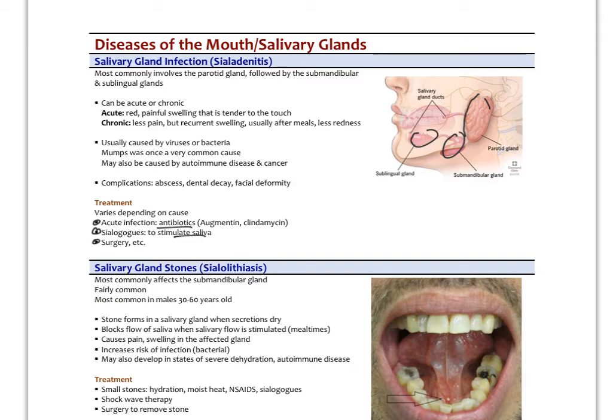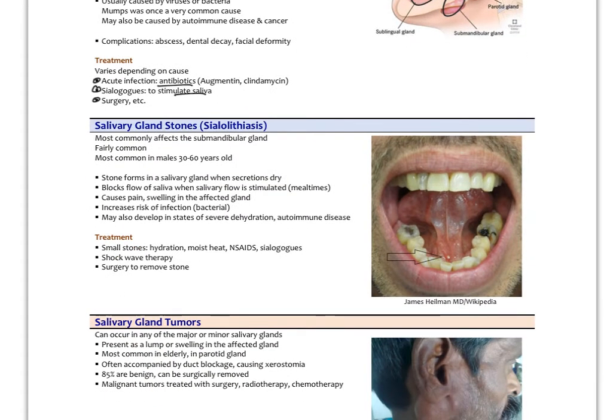Salivary gland stones, sialolithiasis, most commonly affects the submandibular gland. Fairly common, most common in males between 30 and 60. The stones form in a salivary gland when the secretions dry up, and that blocks the flow of saliva. Especially at mealtimes, the saliva is blocked from getting out, and it builds up in the gland, causing swelling.